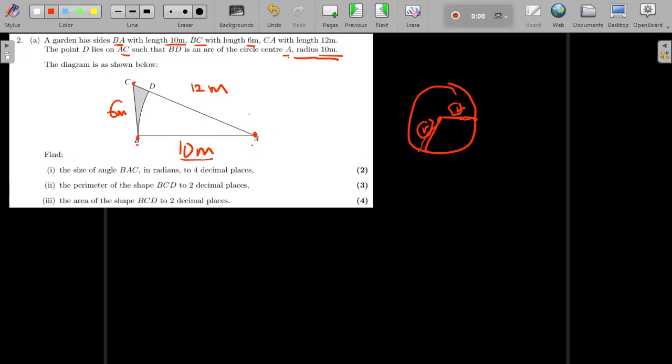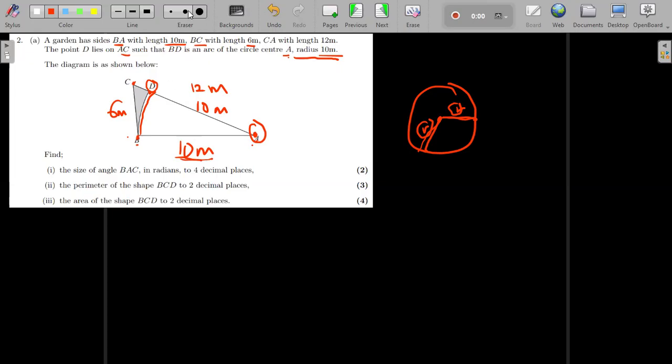So in this diagram, the length from A to B is 10, and from B to D I'm making an arc. It means the distance from D all the way up to A is 10 meters as well, because it's making a sector there.